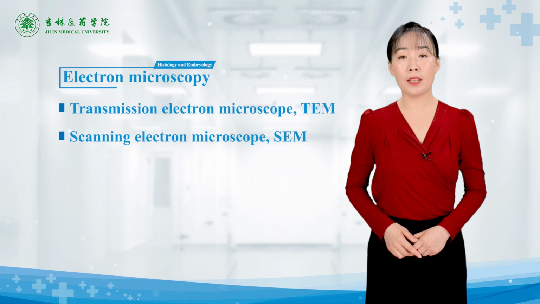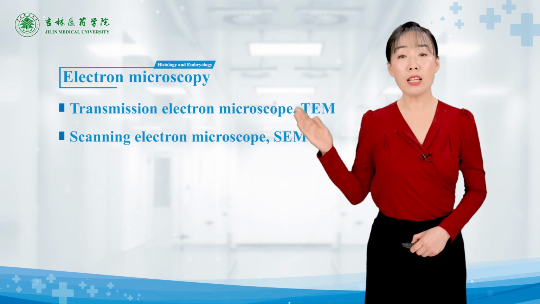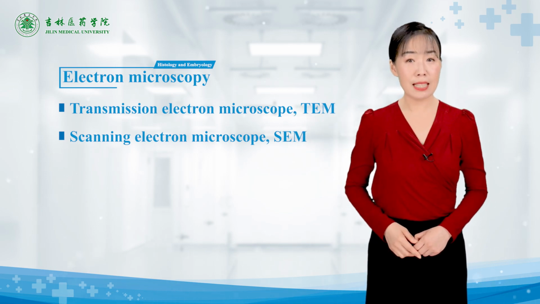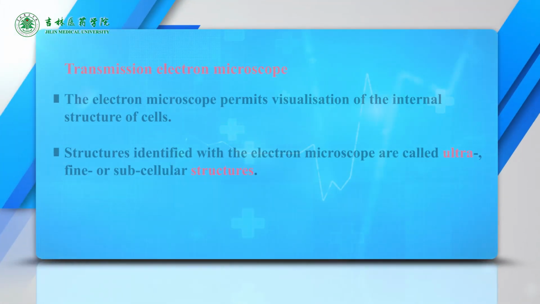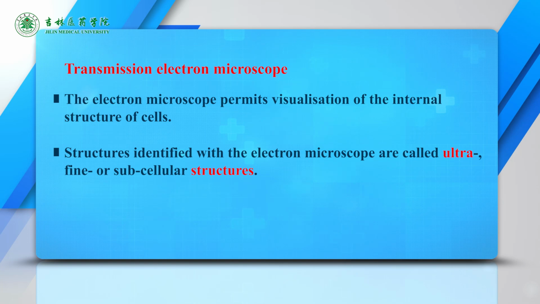Electron microscopy includes transmission electron microscope and scanning electron microscope. Transmission electron microscope. The electron microscope permits visualization of the internal structure of cells.